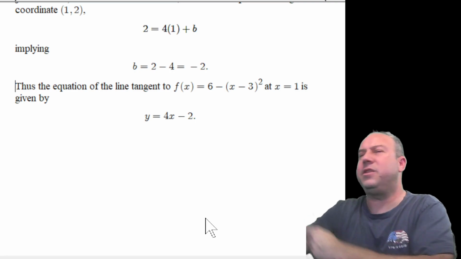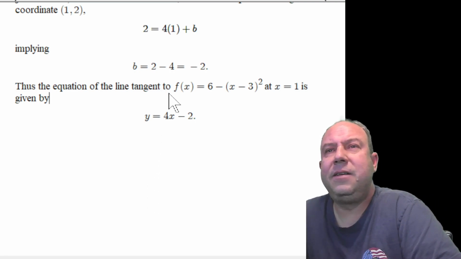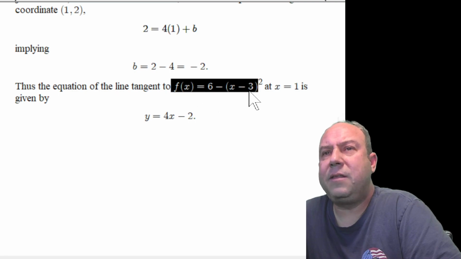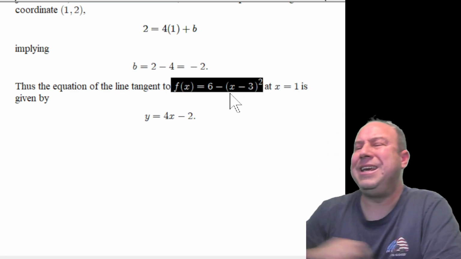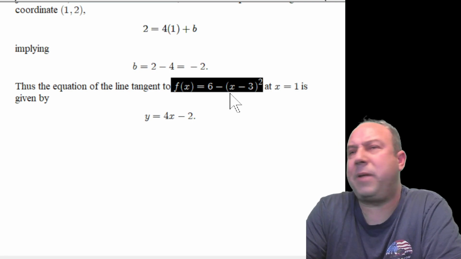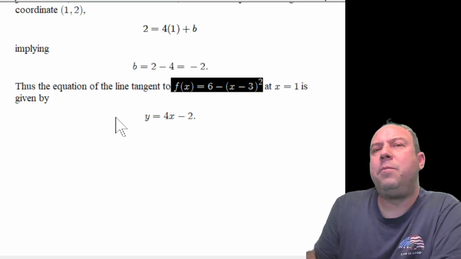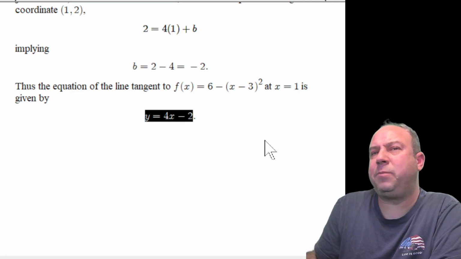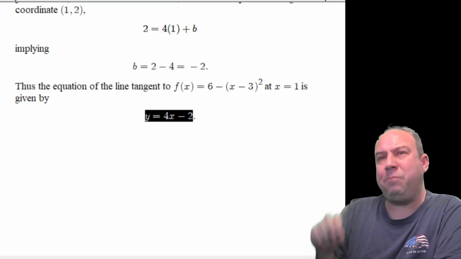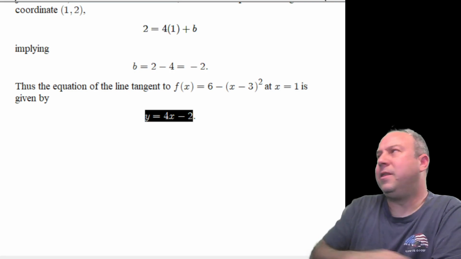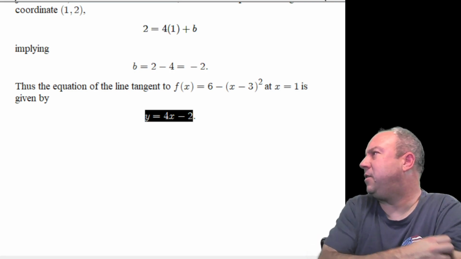The equation of the tangent line: the line tangent to the function 6 minus the quantity x minus 3 squared at x equals 1 must be described by y equals mx plus b, where m is 4 and b is negative 2. This equation is y equals 4x minus 2.